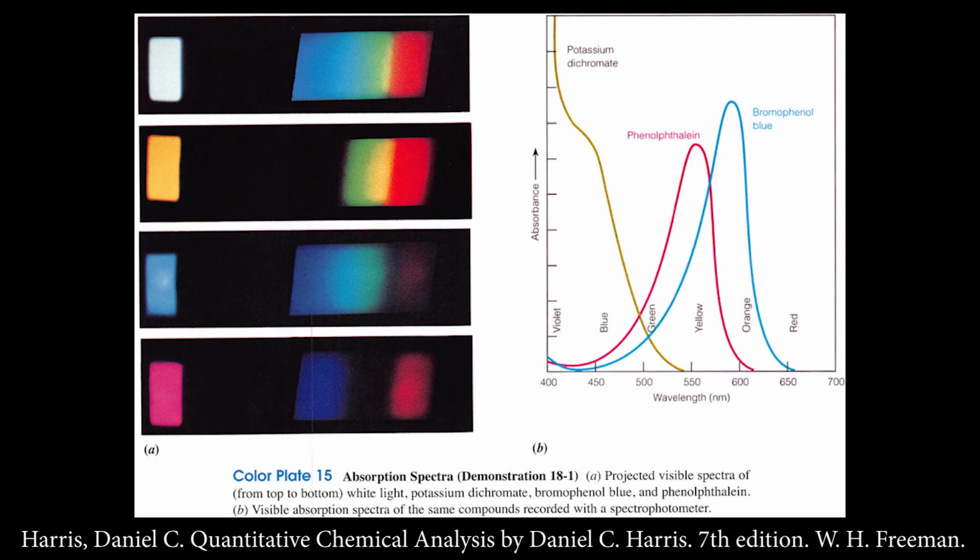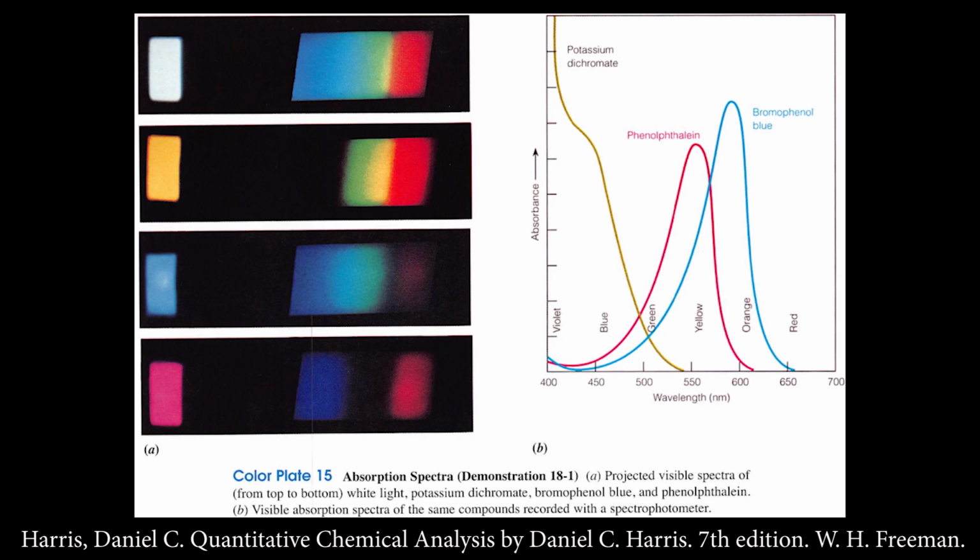You are seeing the leftover light. That's what hits your eyes, not the absorbed light. Bromophenol blue doesn't absorb blue. It appears blue because it's absorbing the things that are not blue. Most specifically, the complement of blue, which would be kind of orange-yellow.